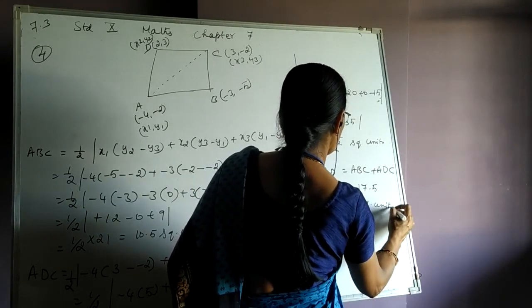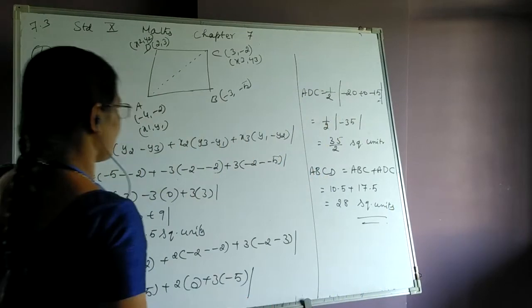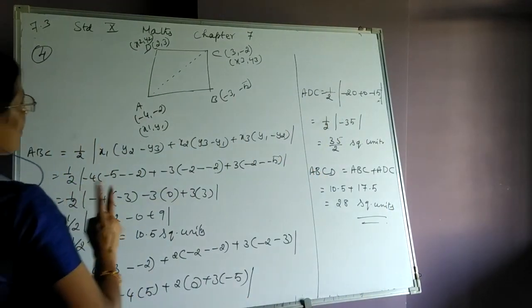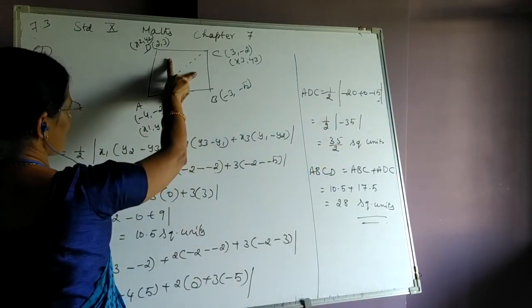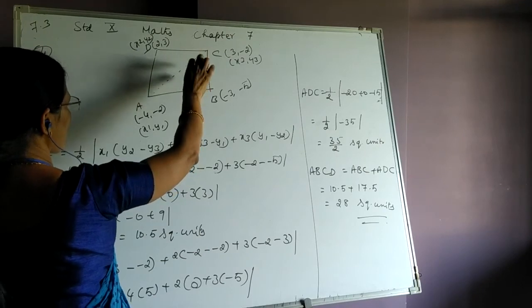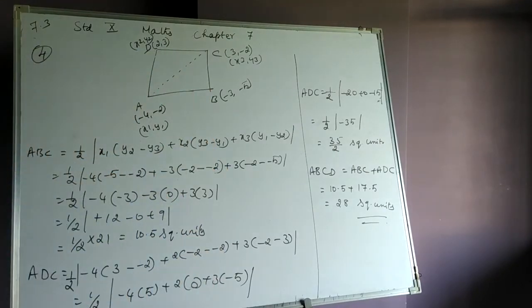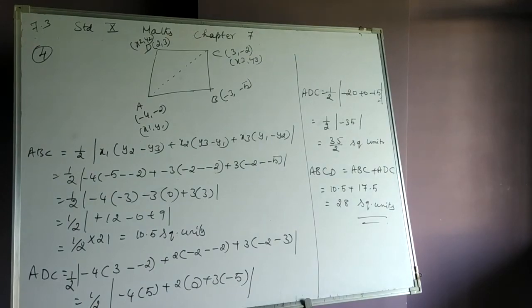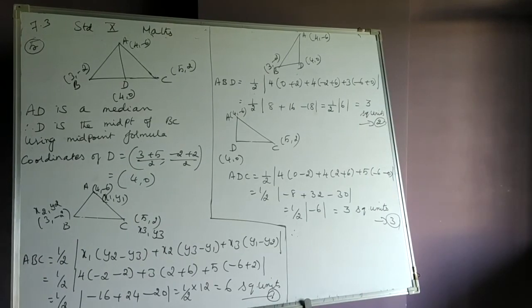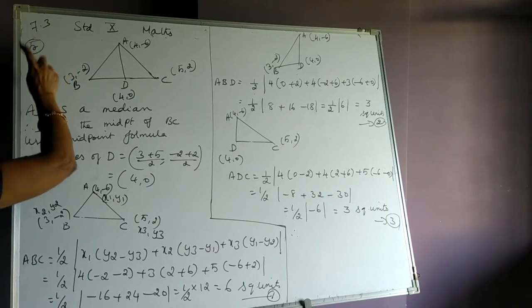So here the total becomes half of 35, which is 35 upon 2 square units. Remember, when we remove the modulus, we should always take the positive sign, whether inside is positive or negative. When the modulus is removed, we should write its positive value only.